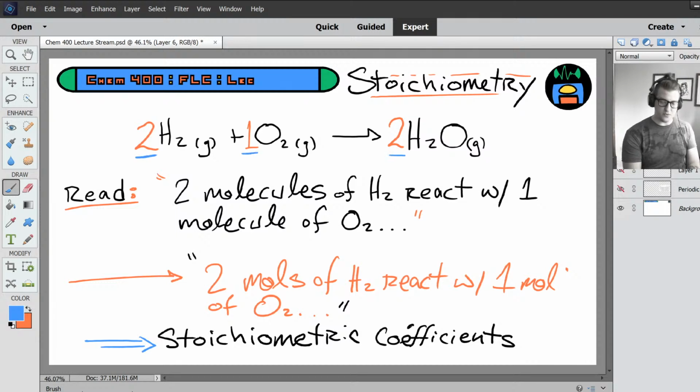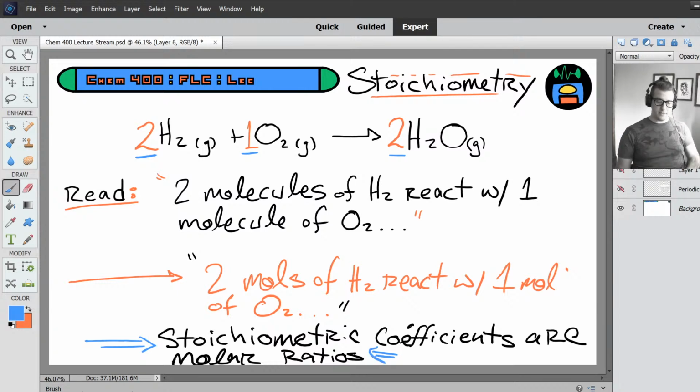They're the big numbers out in front that tell you how many of each are present. Your stoichiometric coefficients are molar ratios. They represent ratios of the moles of every reactant and product of a chemical equation. These are molar ratios. And here's what that allows us to do.